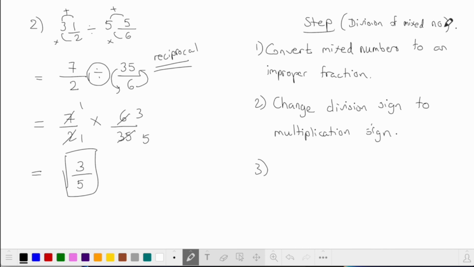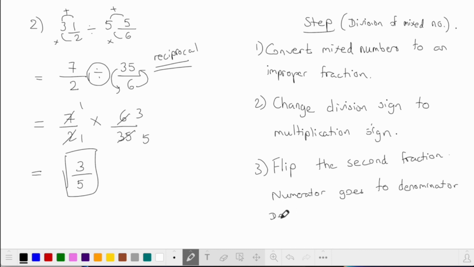Change the division sign to a multiplication sign and then flip the second fraction: the numerator goes to the denominator, and the denominator goes to the numerator.